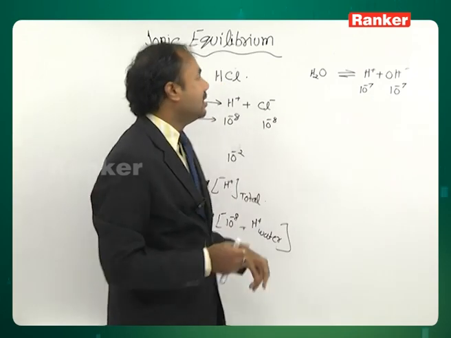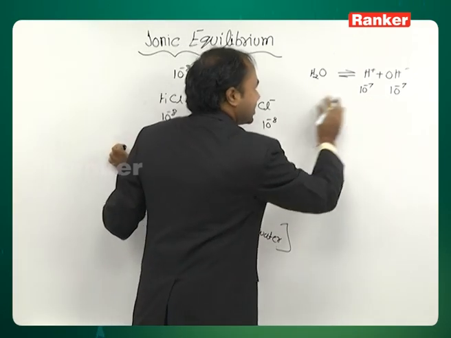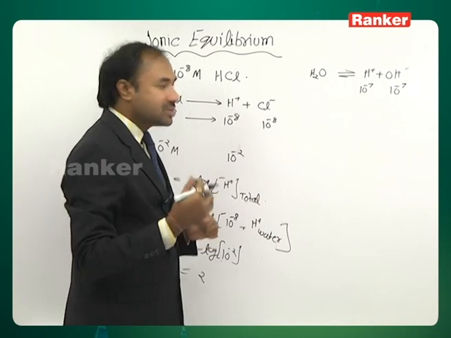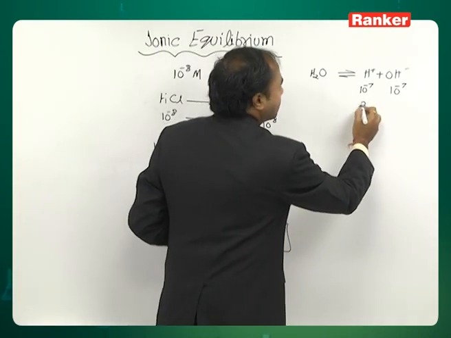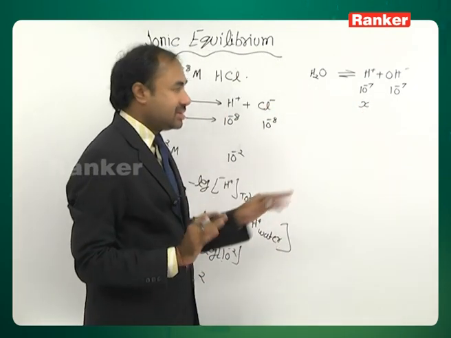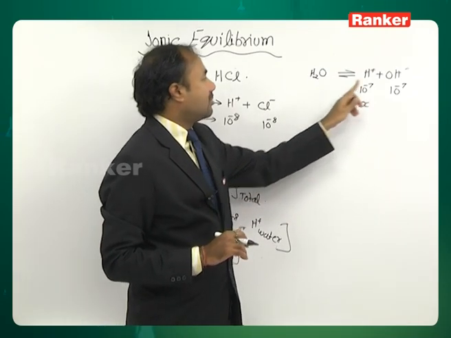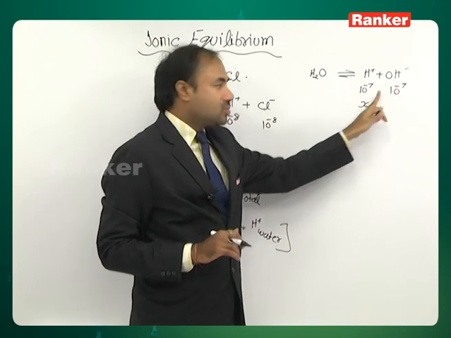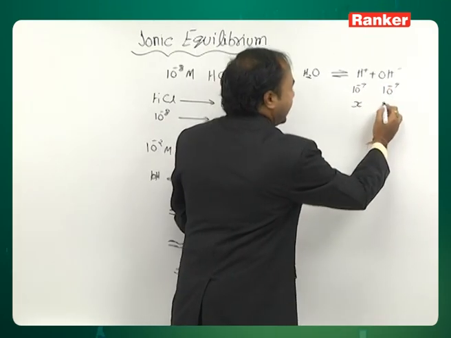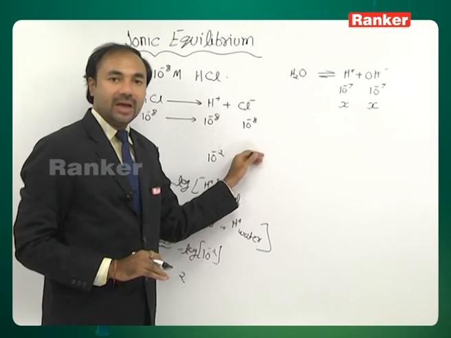What happens now? We assume that due to this dissociation in the backward direction, the concentration of H plus became X moles per liter. This is X moles per liter coming from water only. 1 mole of water gives 1 mole of H plus and 1 mole of OH minus. So if this is X, this also must be X here.